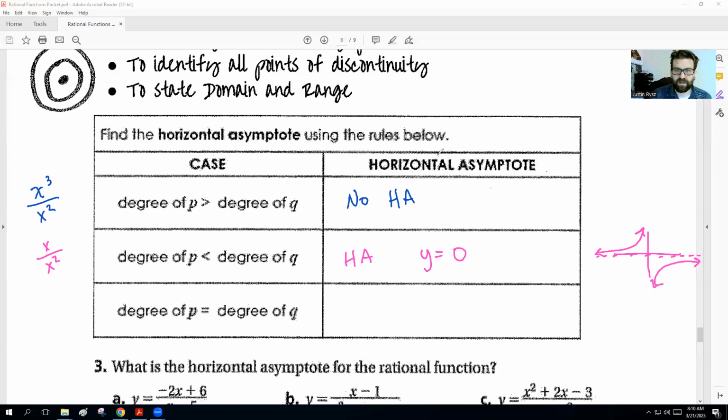Goes across the line. Now, if the degree on the top is the same as the degree on the bottom, I'm going to say like 3x squared plus yada, yada, yada, and then on the bottom would be like 1x squared plus yada, yada, yada. It doesn't matter what the rest is. We're looking at degree. It's going to be equal to the ratio of the leading coefficients.